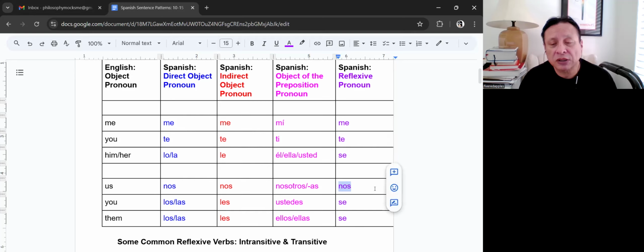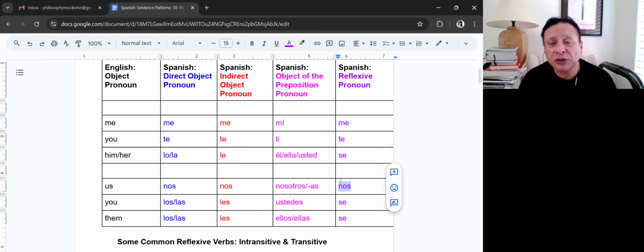So the nos, as you can see, except for the object of the preposition, the myself, the yourself, and the ourselves is going to be the same pronoun as it is for the direct object and the indirect object. It's going to be me, and then over here te, and then te, and for the ourselves it's going to be nos, and nos, no problem.